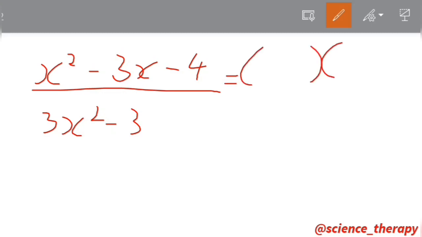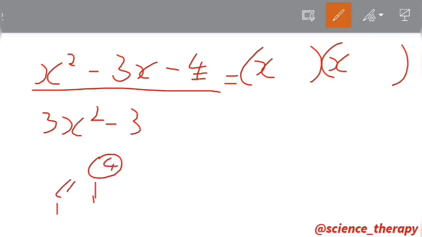Again, we open two brackets, distribute the first term, x and x. And now we'll be looking for the factors of the last term, 4. The factors of 4 are 1, 2, and 4.